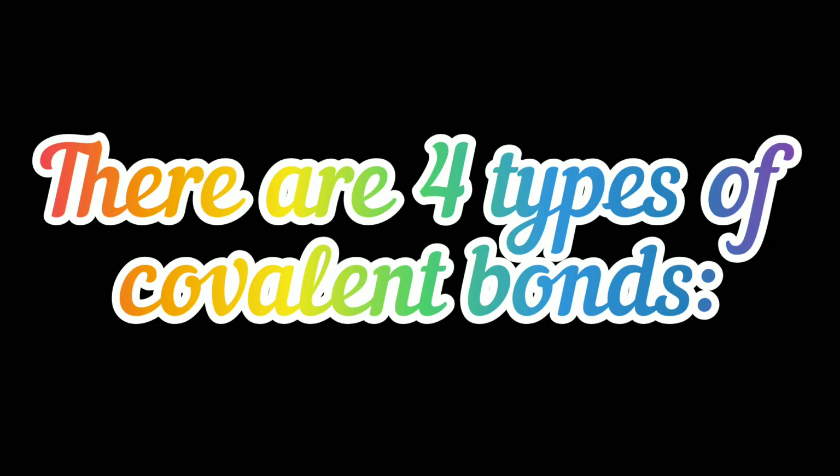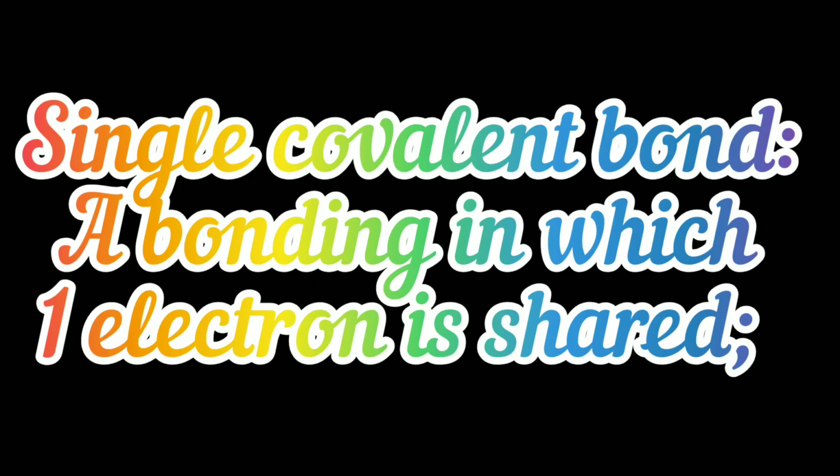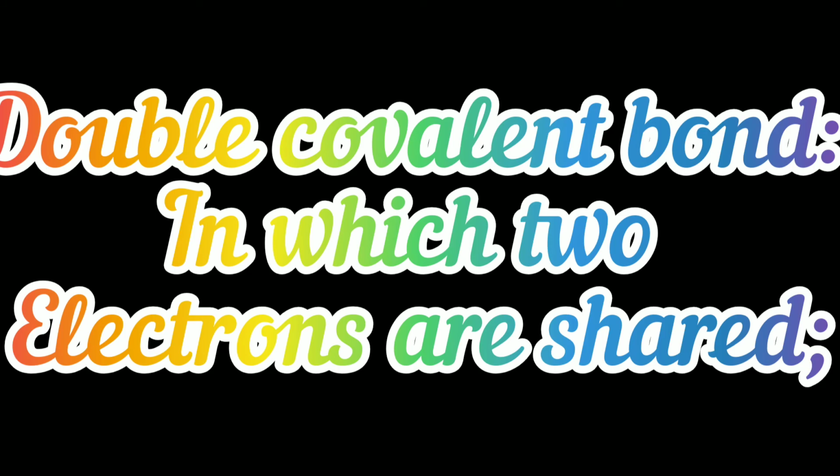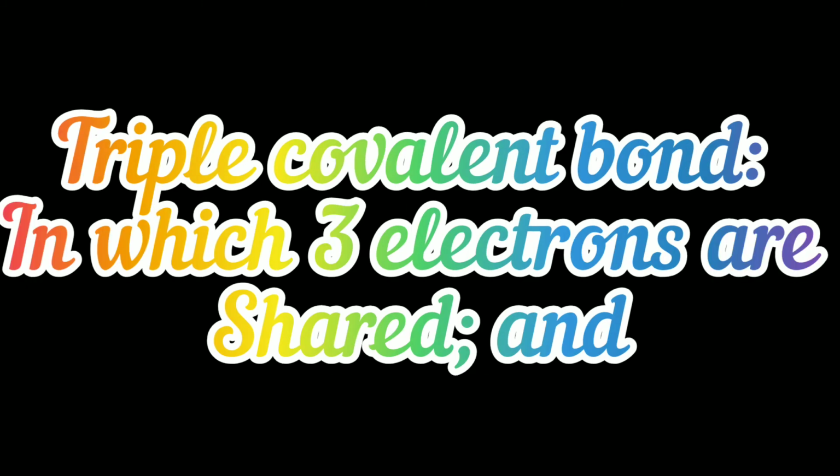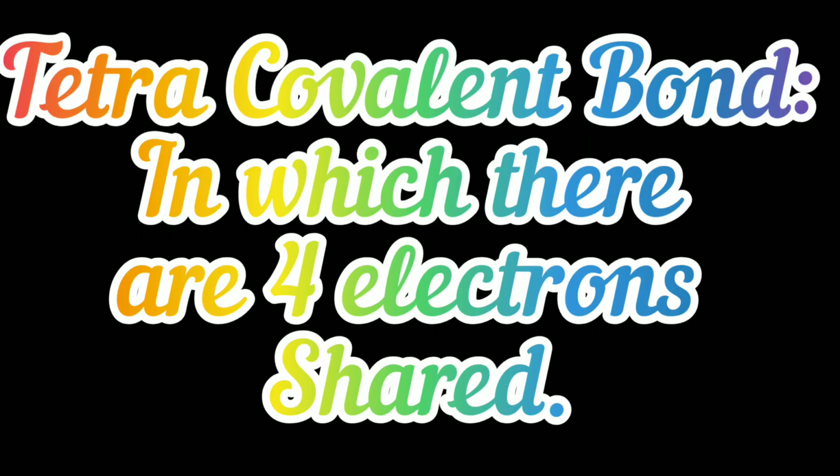There are four types of covalent bonds: single covalent bond, a bonding in which one electron pair is shared; double covalent bond, in which two pairs are shared; triple covalent bond, in which three pairs are shared; and tetracovalent bond, in which four pairs are shared.